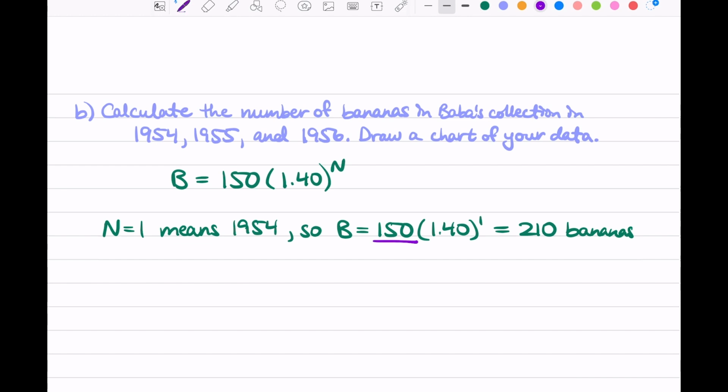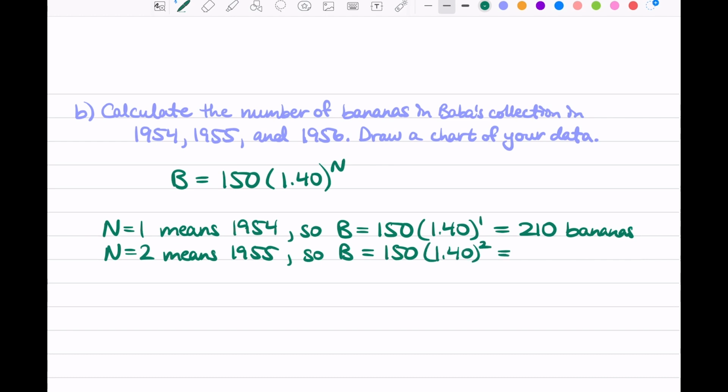So we started with 150 bananas, and after 1 year, we grew to 210. We can continue this with n equals 2. This is 2 years after 1953, which means 1955. And using our model, the number of bananas in our collection would be 150 times 1.40 squared.